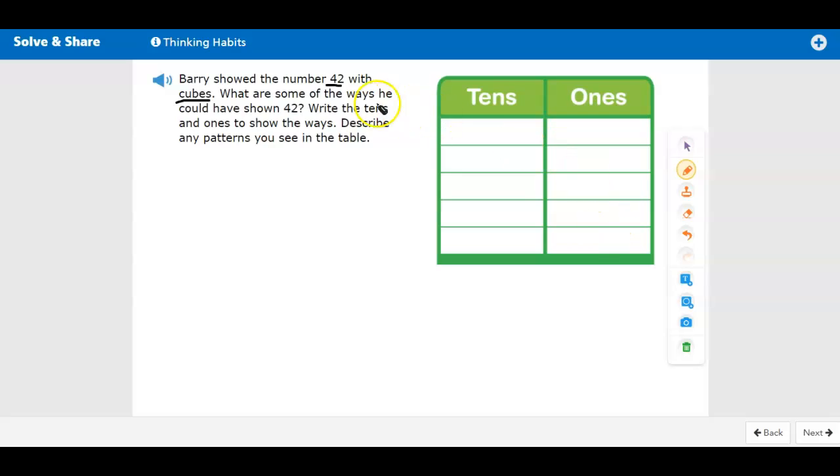Let's begin with just writing the number 42. We know that there are 4 tens and 2 ones. This is one way that we can show the number 42. 4 tens is equal to 40 plus 2 is 42.